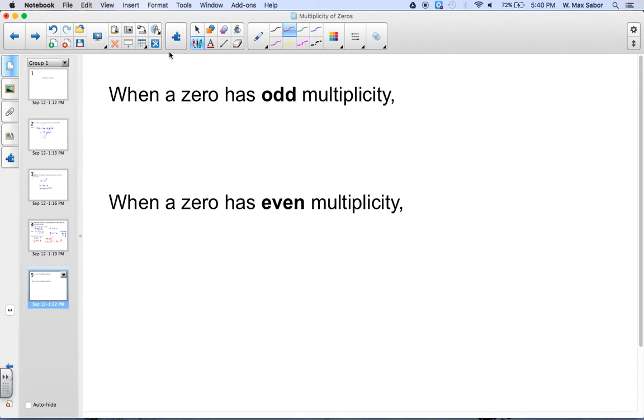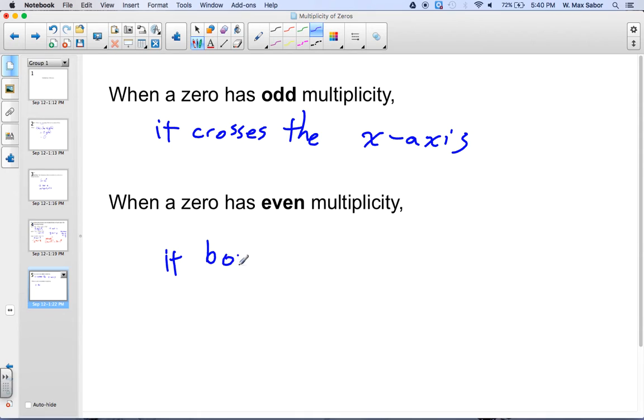The last thing to note is that this idea, not just how to find it, means something in terms of a graph. When a zero has an odd multiplicity, just like if it only appears once, it crosses the x-axis. But when a zero has even multiplicity, it bounces off the x-axis.